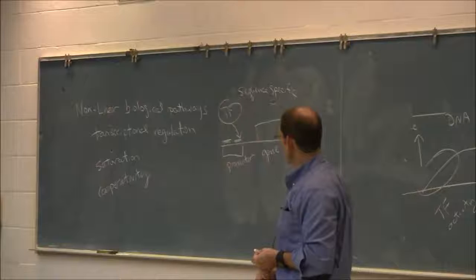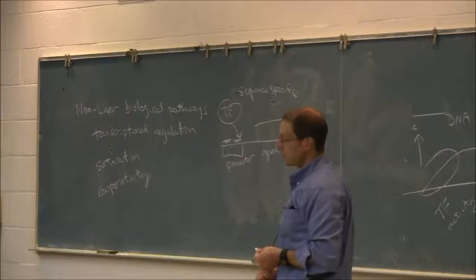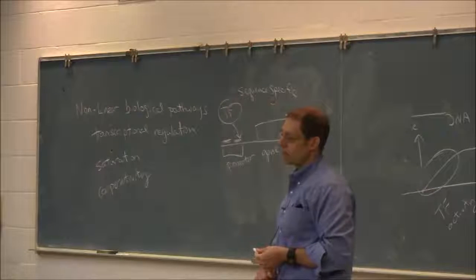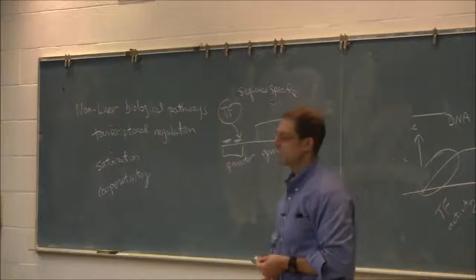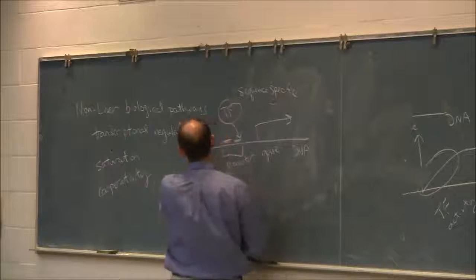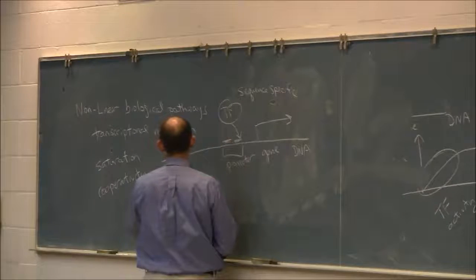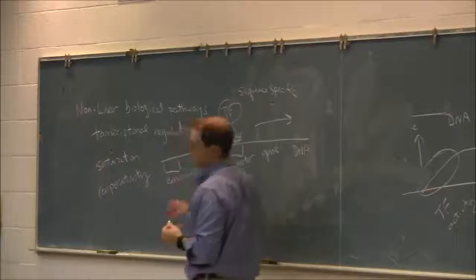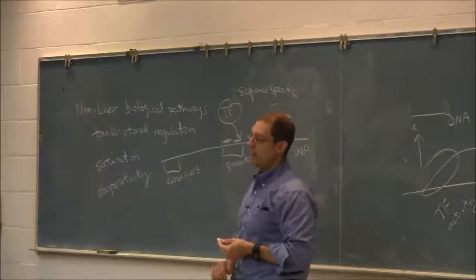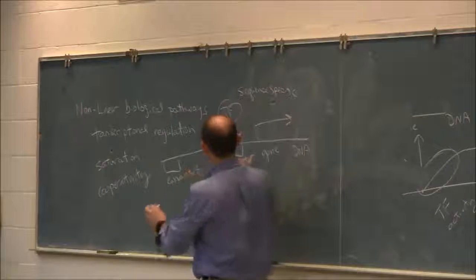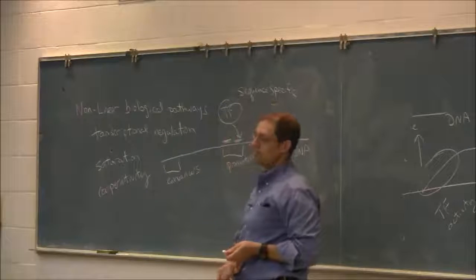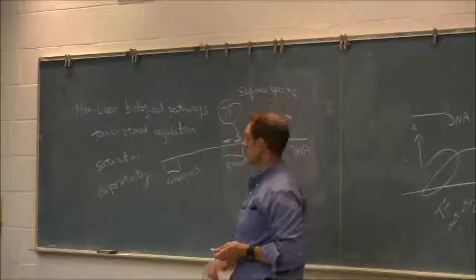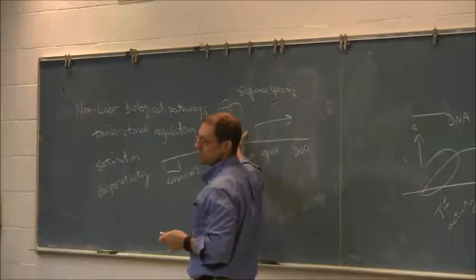There are also regulatory elements far away from the protein coding region called enhancers. So way far away, there are enhancers that transcription factors also bind to. And even though they're far away, if you think about the primary sequence of DNA, what happens is that they wrap around in three-dimensional space.